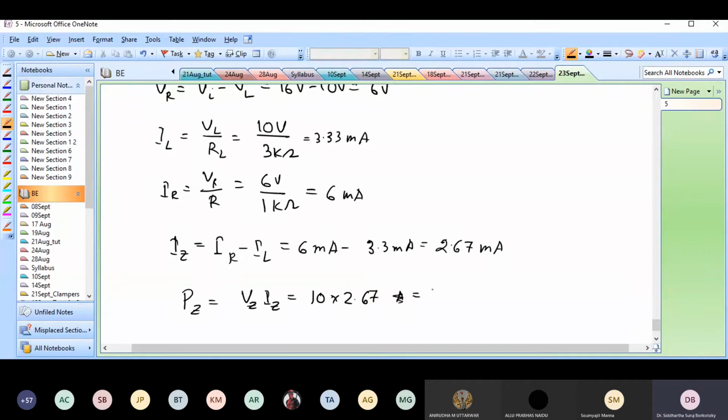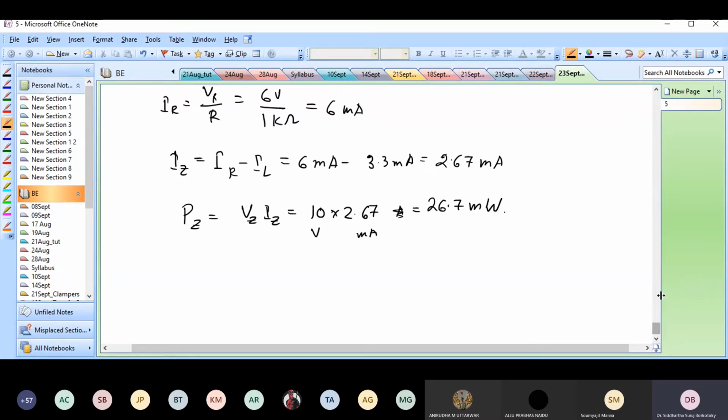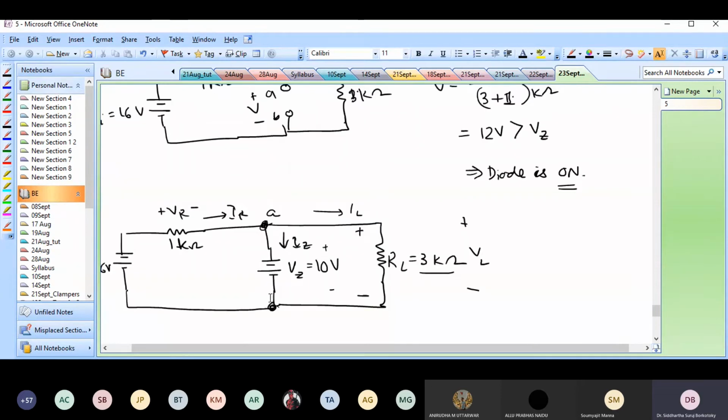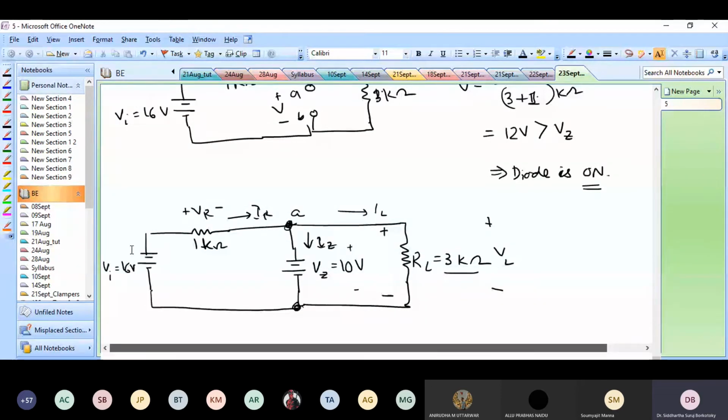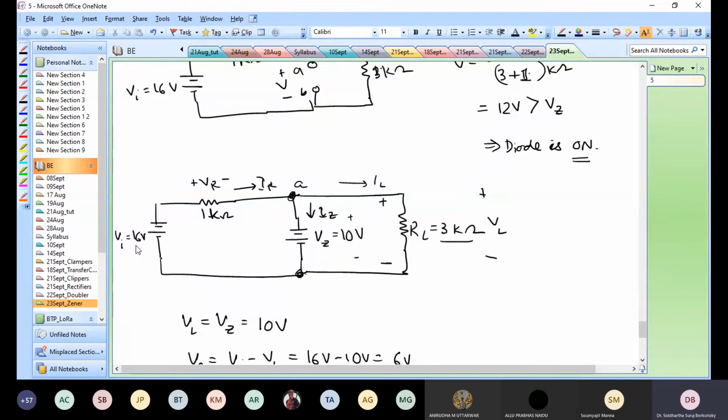So volt times milliampere gives milliwatts, 26.7 milliwatts. So now I have my zener regulator working as intended. It's giving me a 10 volt supply. What will happen if I increase the voltage? What will happen if, instead of 16 volts, I apply 20 volts?